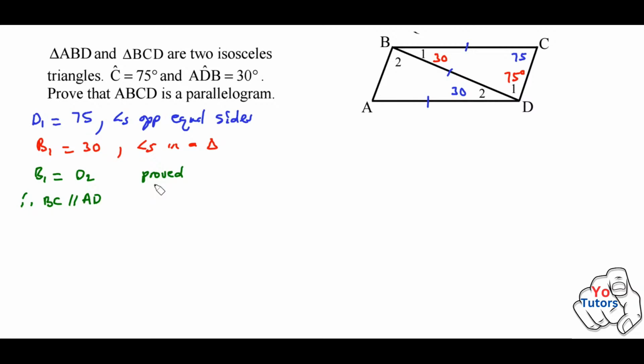What can we also do now? Let's try to find out what other angle we can find. For us to get B1, B2, and if these two are parallel, what else can we also see? We can now safely say this is also a co-interior angle.